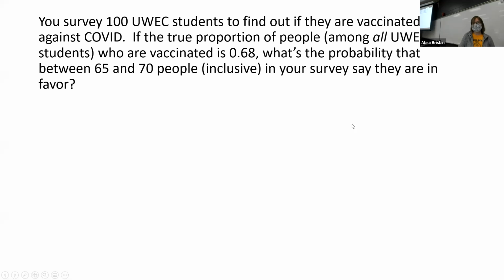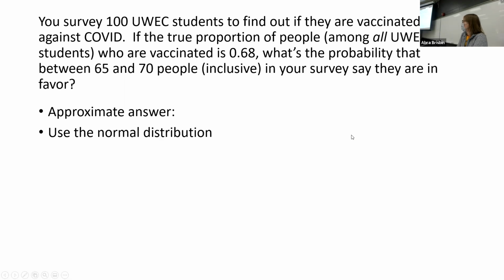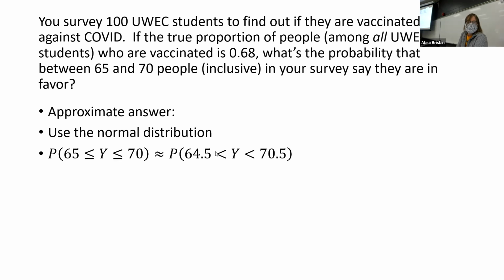So the other way we could do this would be an approximate answer using the normal distribution. So to do this, we're going to say we want the probability that y is between 65 and 70. But because the normal distribution is continuous, it actually gives a probability of 0 of y being exactly 65 or exactly 70.